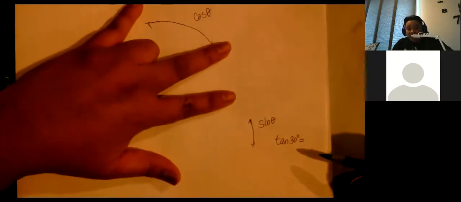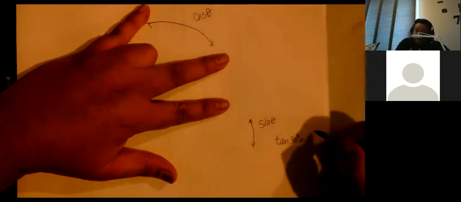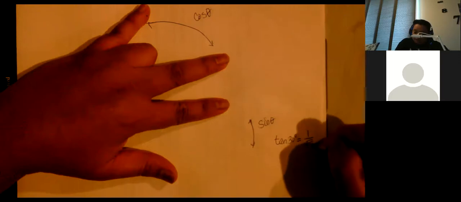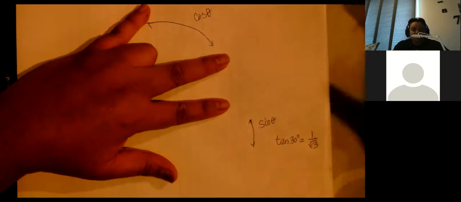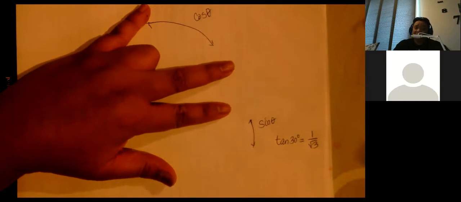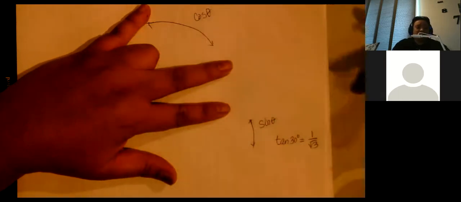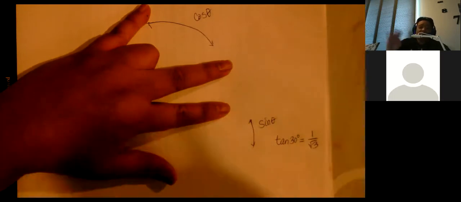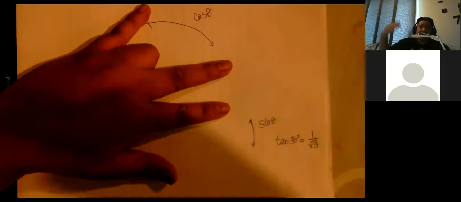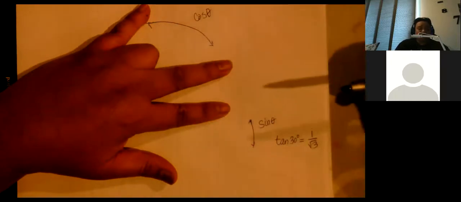So I have to flip it. And if I flip it, notice that I have one finger and three fingers. And so it's 1 over radical 3, which is rad 3 over 3. So that is tangent of 30. So you don't even need to memorize it. It's actually on your hand as well. Just keep in mind that when you're doing tangent and cotangent, you don't need the over 2 because the 2 will just cancel. So just simply grab the fingers, both sides, to get your sine and your cosine.